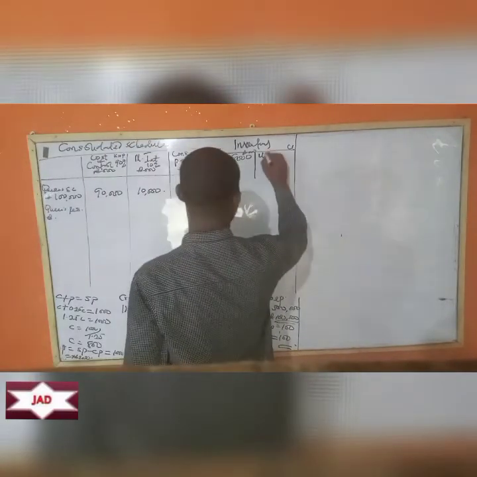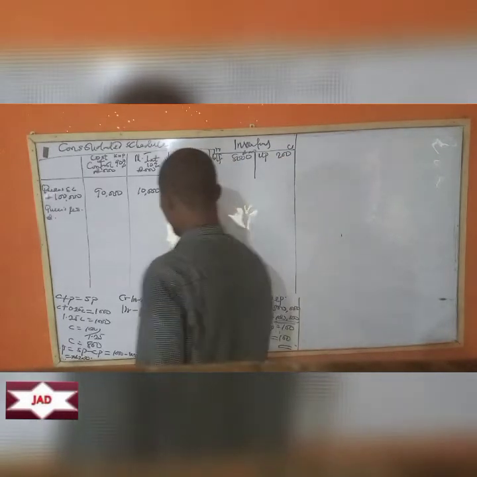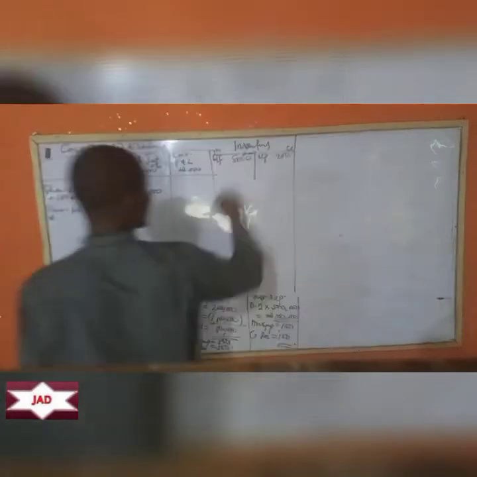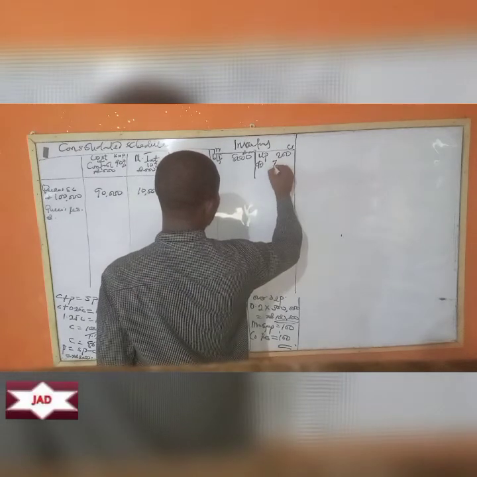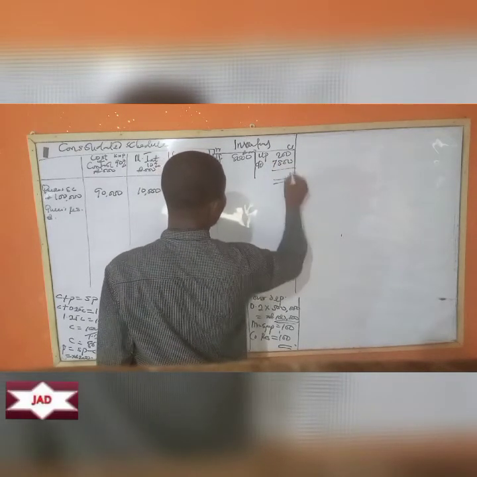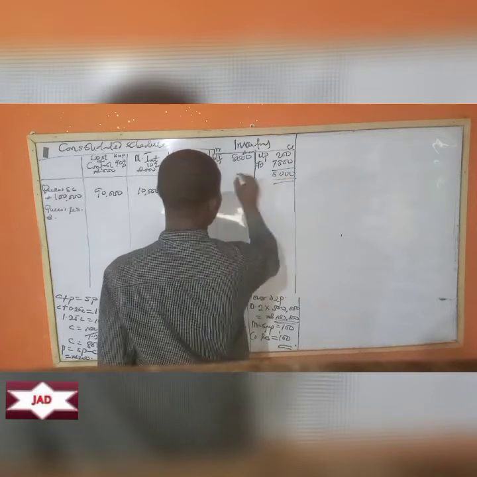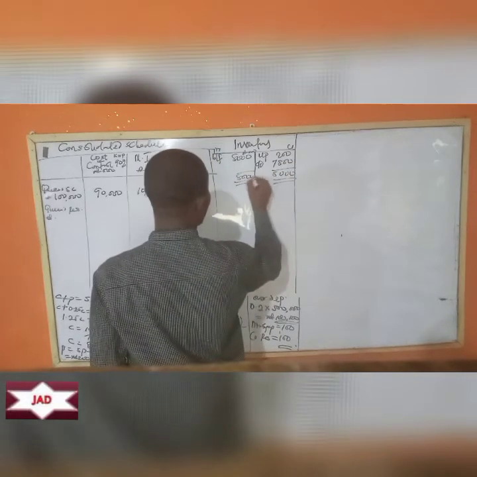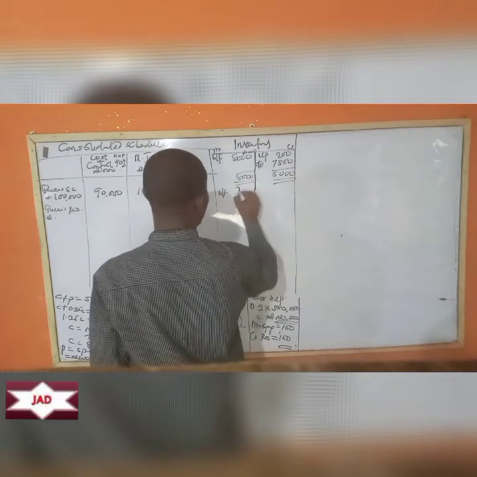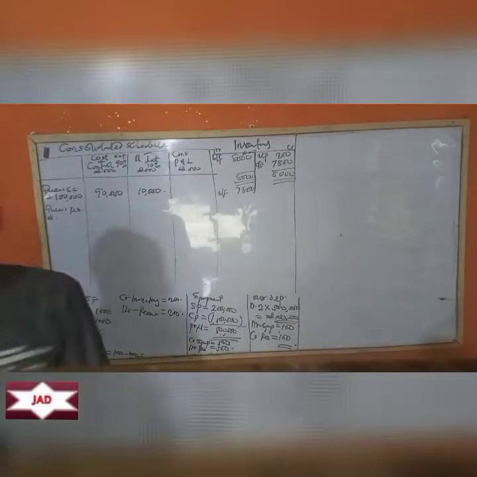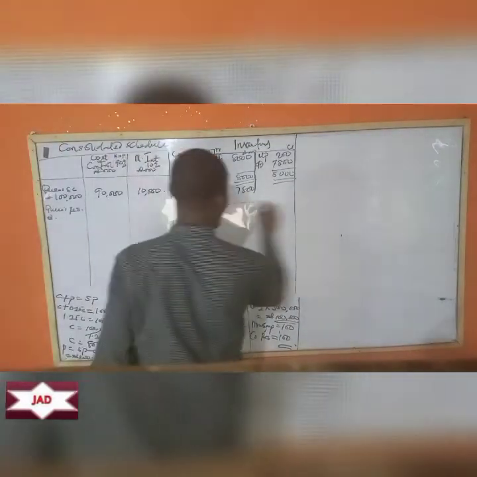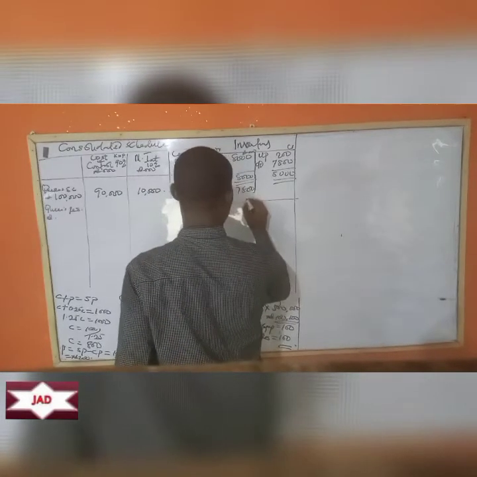So we say unrealized profit 200. So that means you have a new balance of 7,800. So balance brought forward is 8,000, and it has a new balance for inventory for the subsidiary.